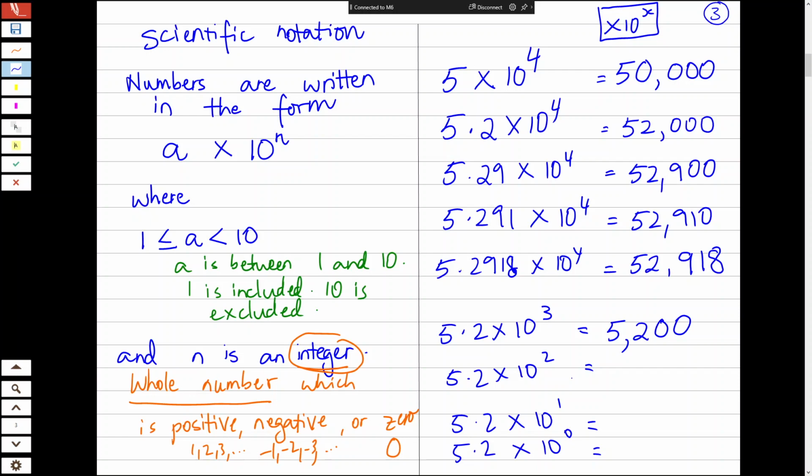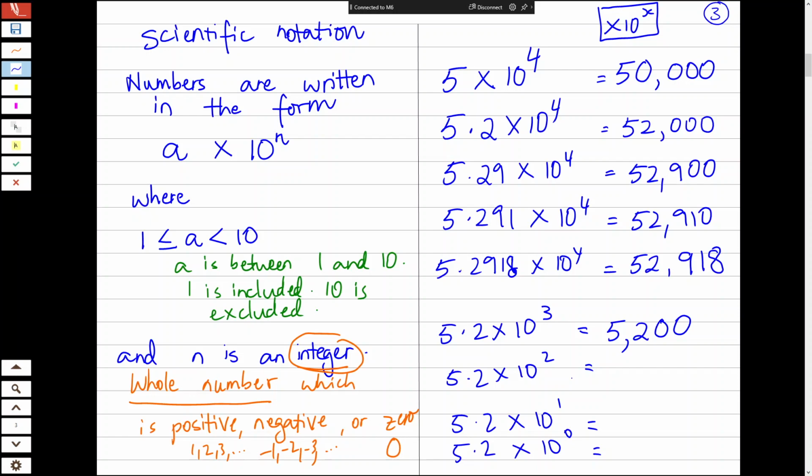So my question was, what's the relationship between 10 to the 3 and 10 to the 2? If I'm here and I want to go here, what do I need to do? Divide by 10, because I'm decreasing the power by 1.